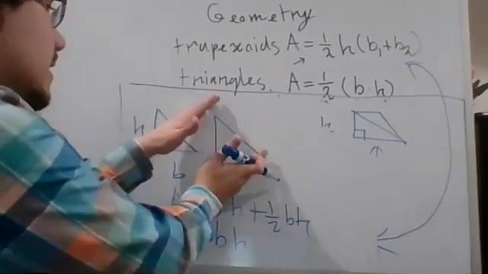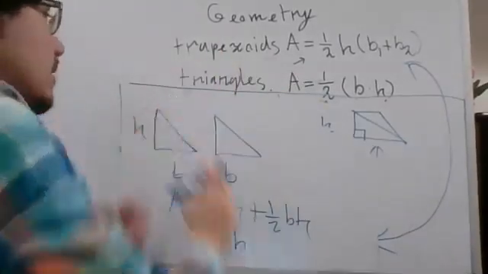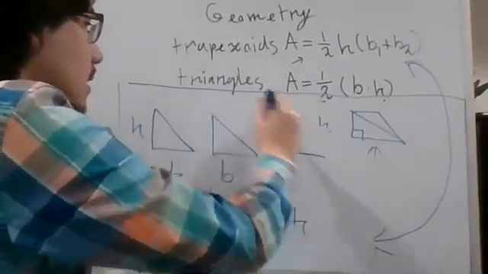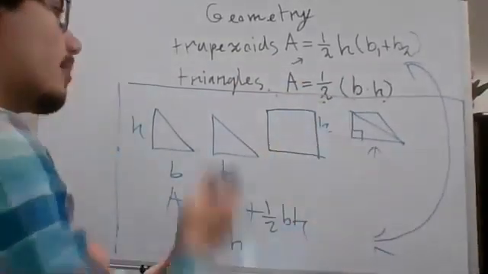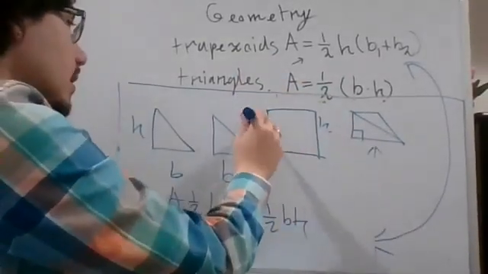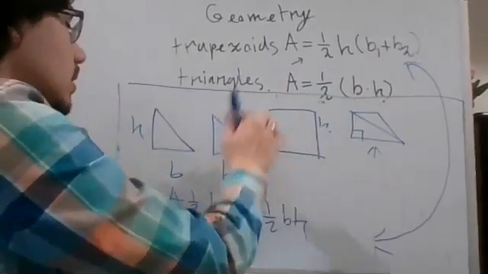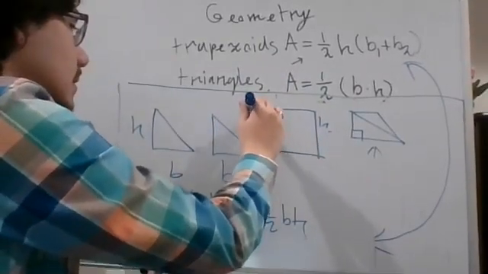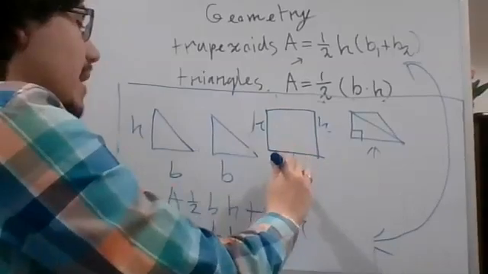This would be if you took this and you flipped it over and you stuck it on this side so that you had not necessarily a square, but it would be a rectangle of height and base.